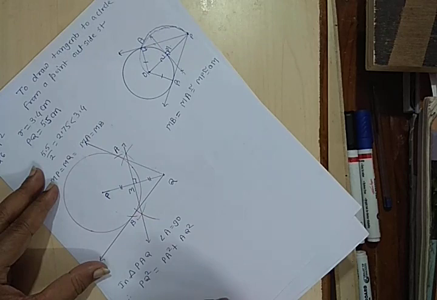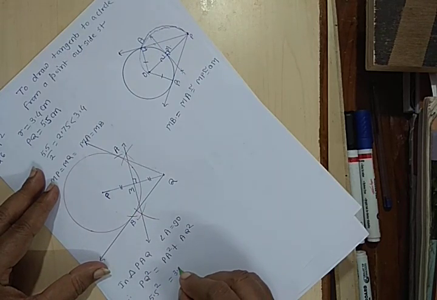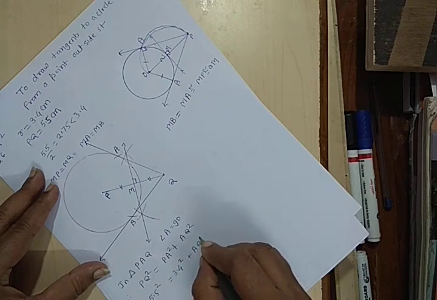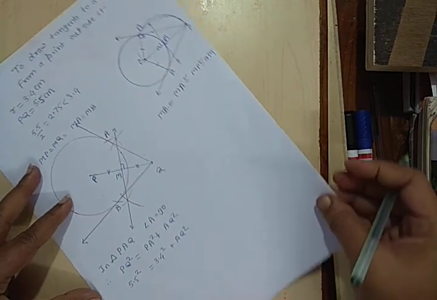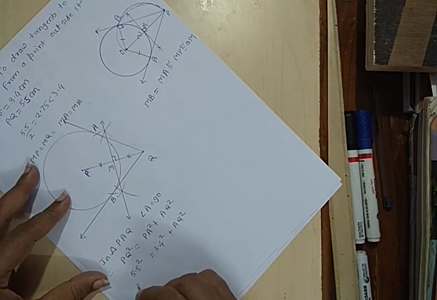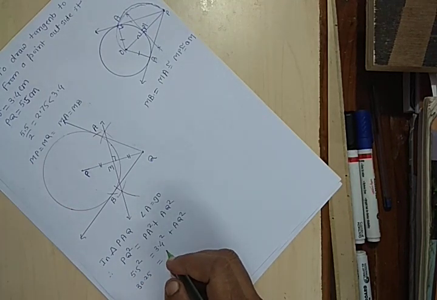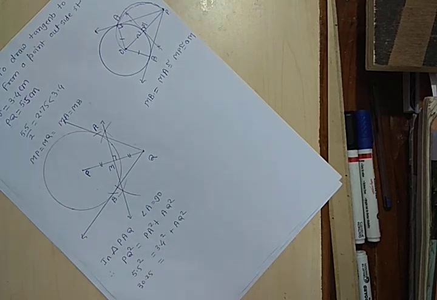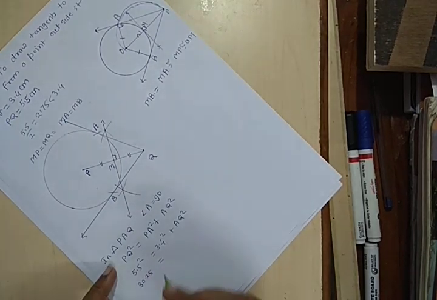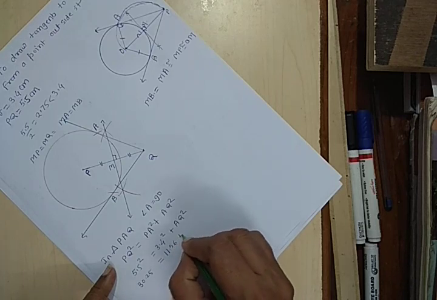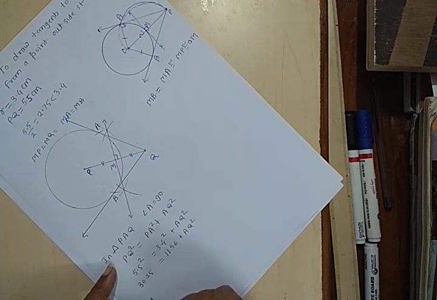Simplifying here, we have 5.5 square is equal to 3.4 square plus AQ square. What is 5.5 square? It is 30.25. What is 3.4 square? It is 11.56, plus AQ square.